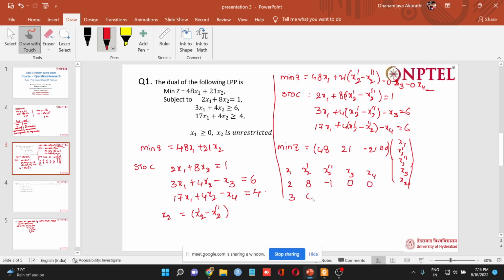And here 3, 4, minus 4, 0, minus 1. And the column matrix would be x1, x2 dash, x2 double dash, x3 and x4. This is equal to 1, 6, 4. Is it so?